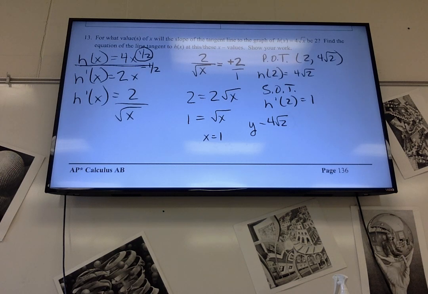So how do you know x is equal to? You plug it into h of 2 for POT. But I'm talking about SOT. Because if you plug in 2, it would be 2 over the square root of 2.